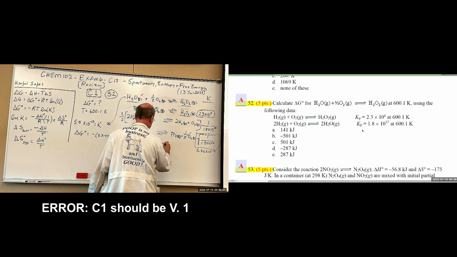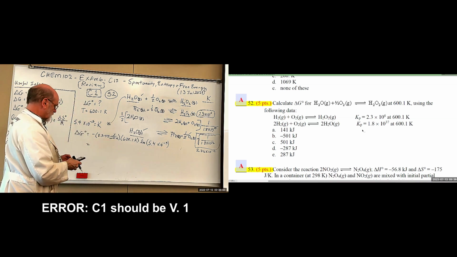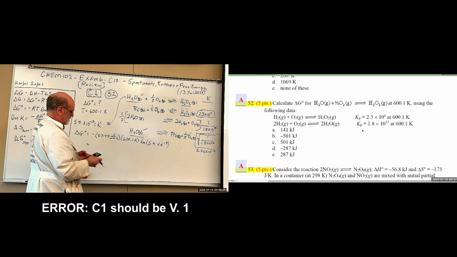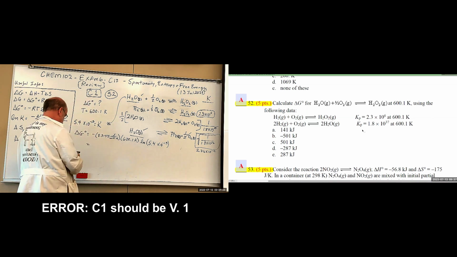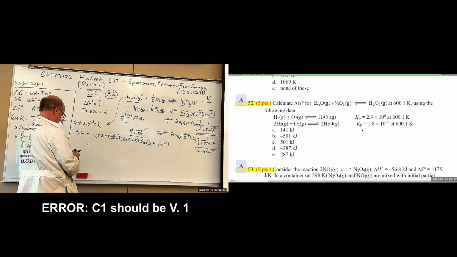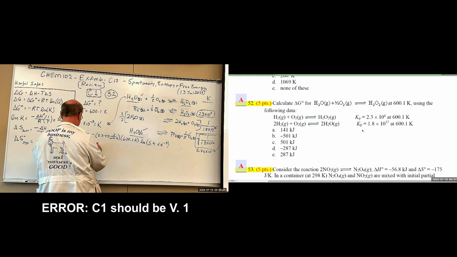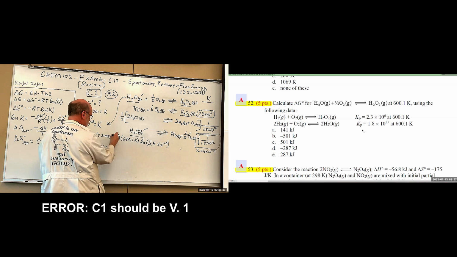So I've already got that one in, so I'll take the natural log of it, and then multiply it by 600.1, and then multiply that times 8.3145. So that gives me 1.4 times 10 to the 5th joules.